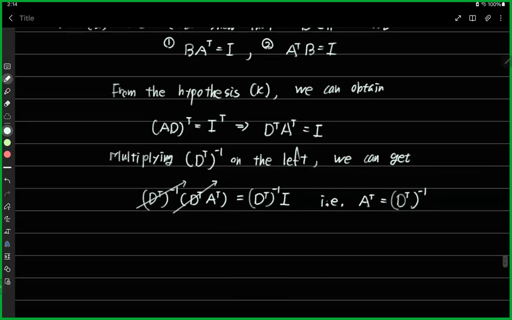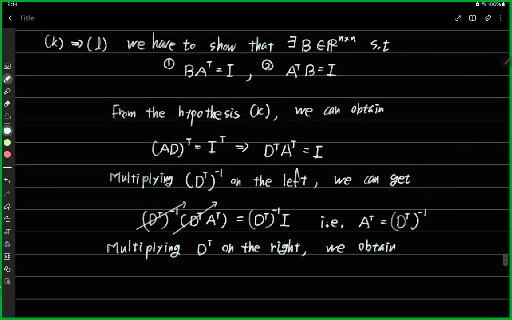And then multiply D transpose on the right, we obtain the second one. Sorry, give me a second.